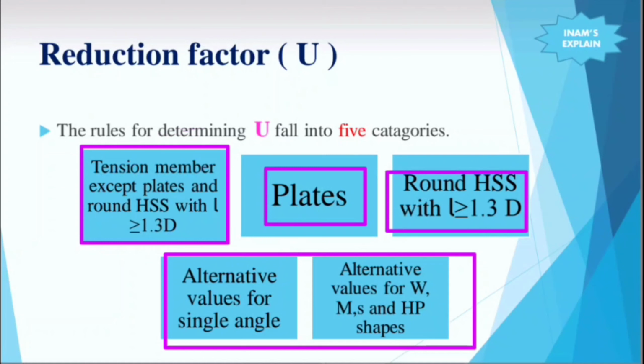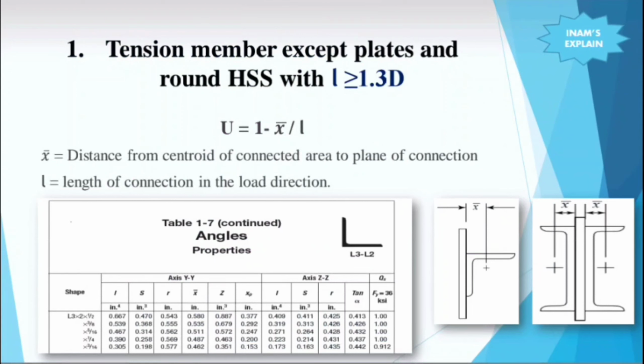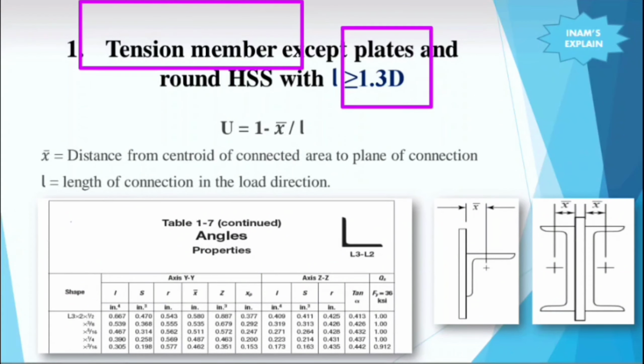In this lecture we will only be discussing tension members except plates and round HSS. So the first category is all tension members. All tension members include the angle shape, S shape, W shape, except plates, and this is very important.